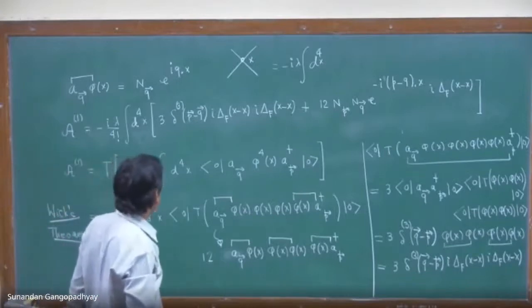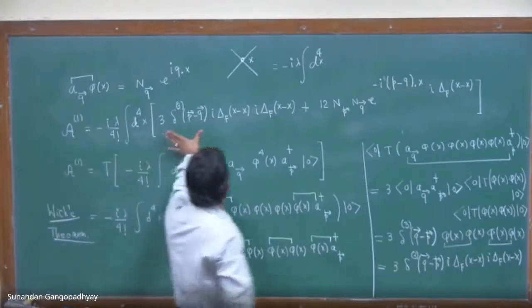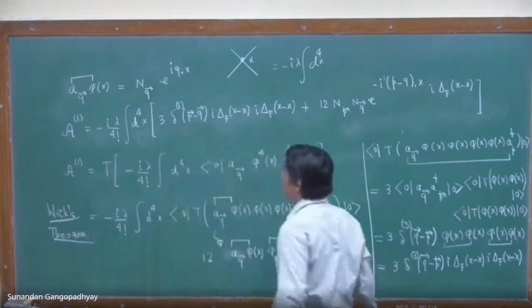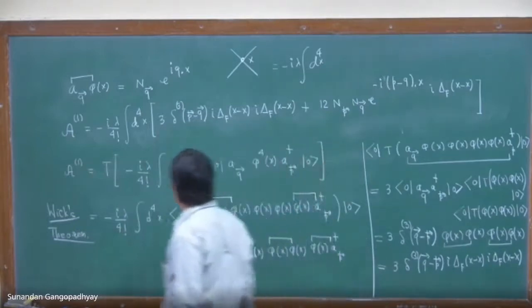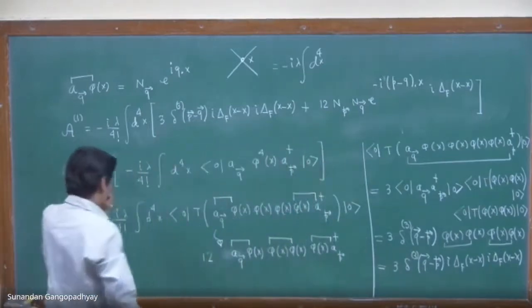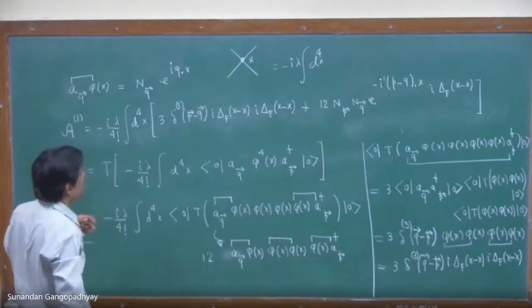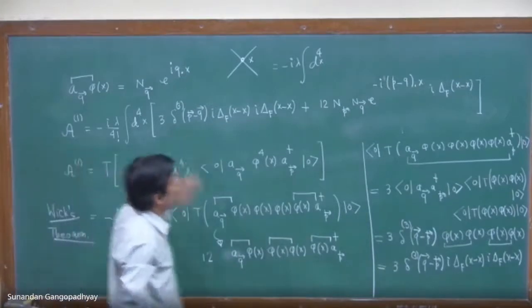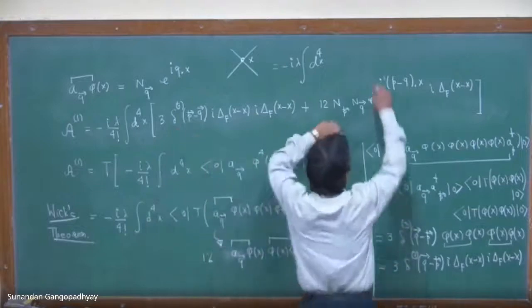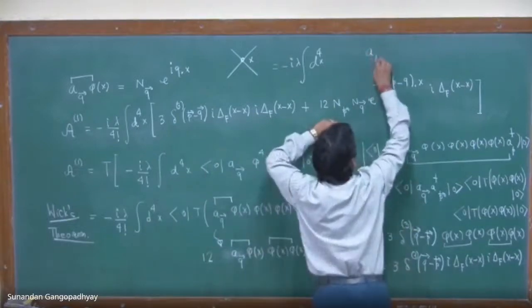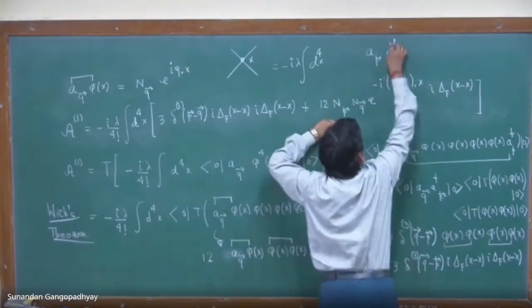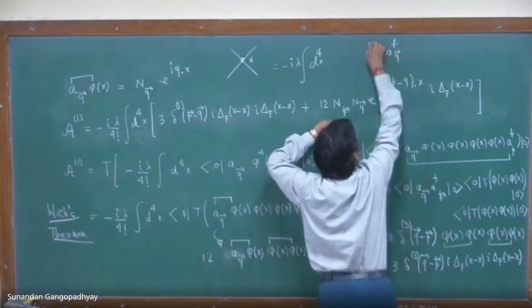Next, what do we have? We have this thing, the momentum conserving delta function. This delta 3 P Q arises as the contraction of A P and A dagger Q, right?